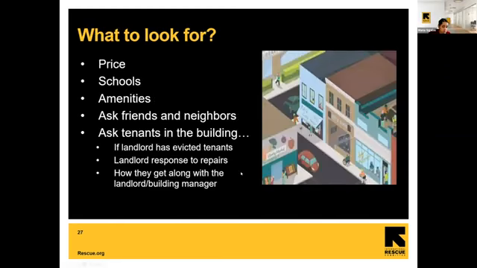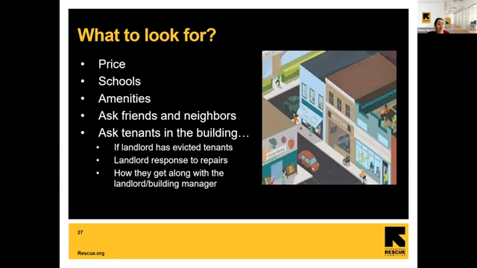So some things to look for, again, do that budget, figure out what your price range is. You might want to also consider, if you have children, look at some of the schools in the neighborhood. If there's anything really specific that you need, like amenities in the neighborhood or in the building, do some research there. Ask friends and neighbors in the area.